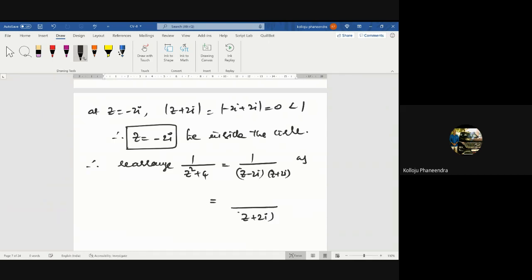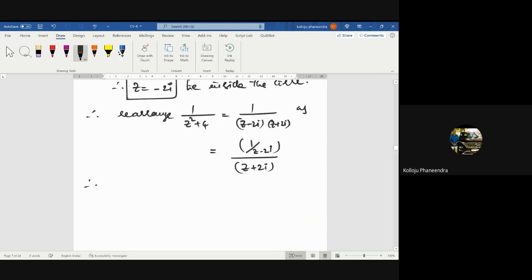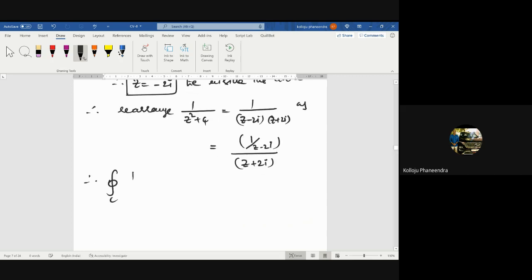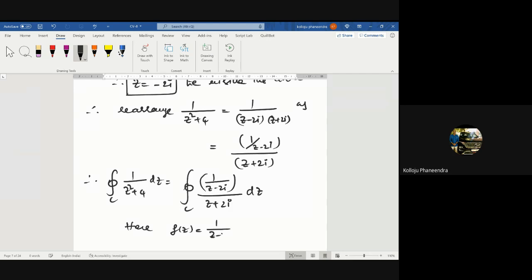This point is inside, so keep it in the denominator and z minus 2i in the numerator. Therefore, integral over C of 1 by z square plus 4 dz is equal to integral over C of f of z by z minus a dz. Here, what is f of z? 1 by z minus 2i. And what is a value?